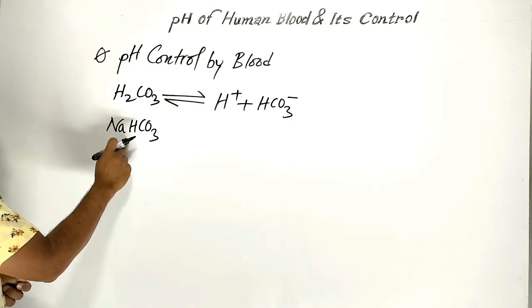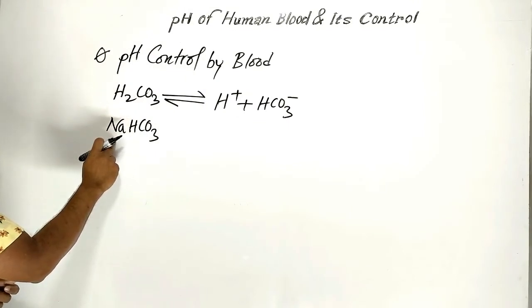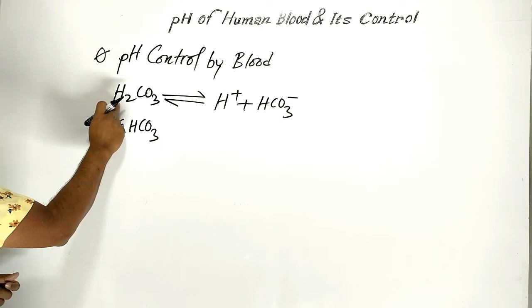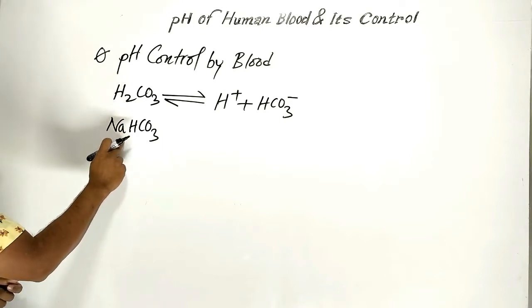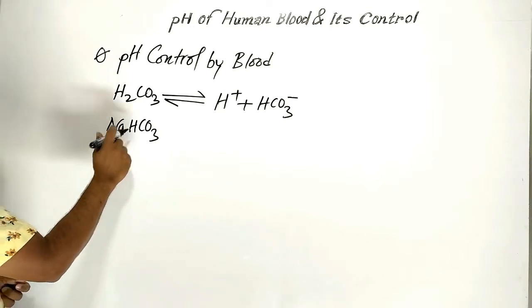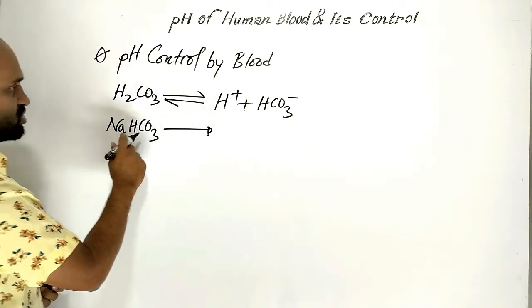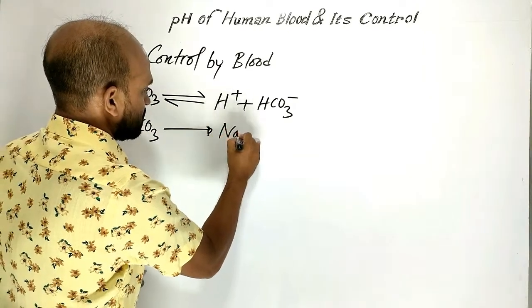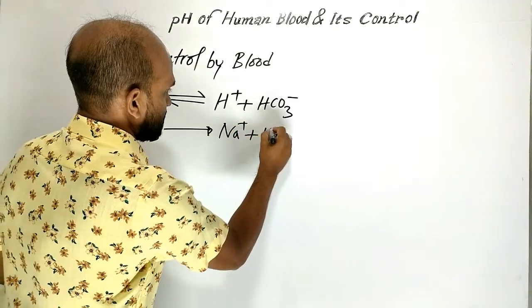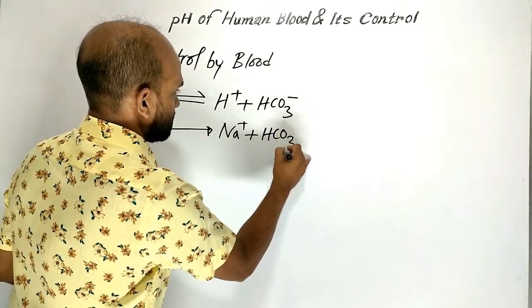Salt of strong base sodium hydroxide and weak acid carbonic acid, sodium bicarbonate salt, is a kind of strong electrolyte that dissociates fully to form sodium ion and bicarbonate ion.